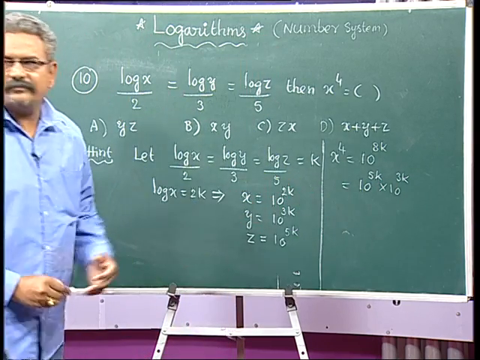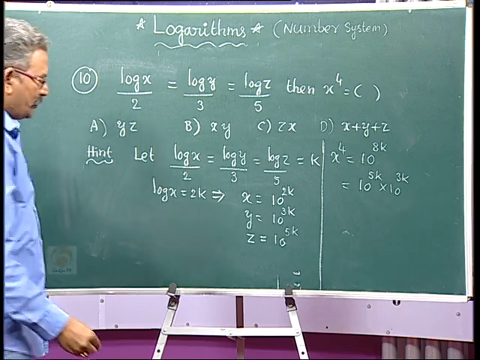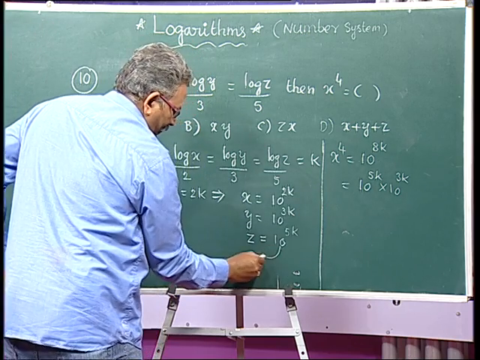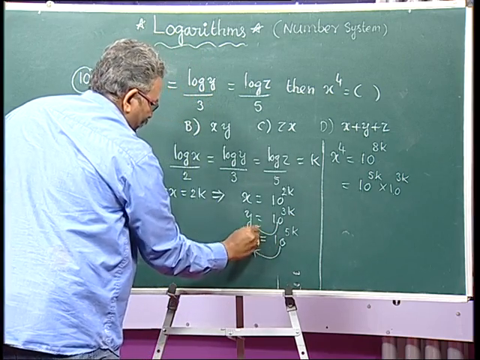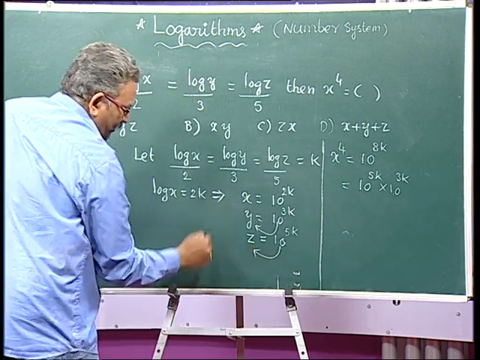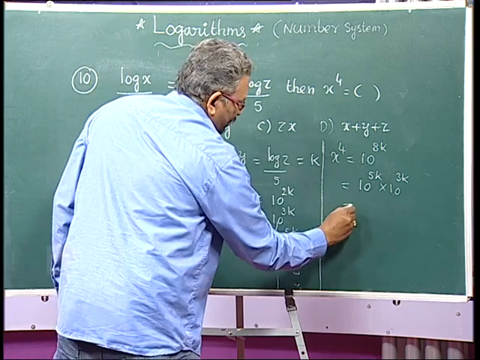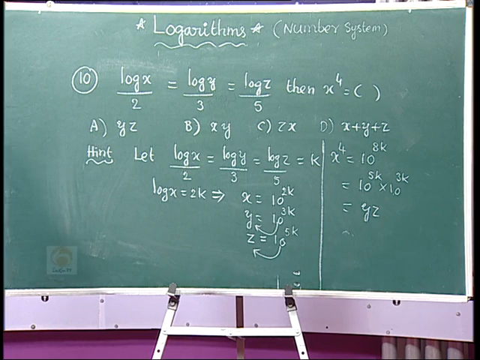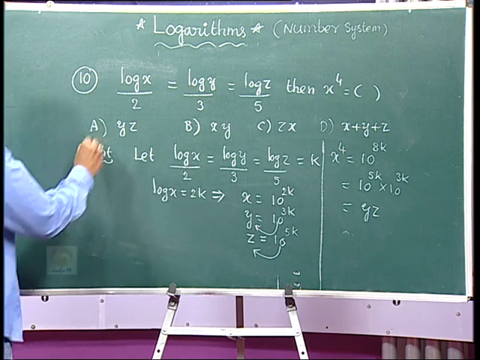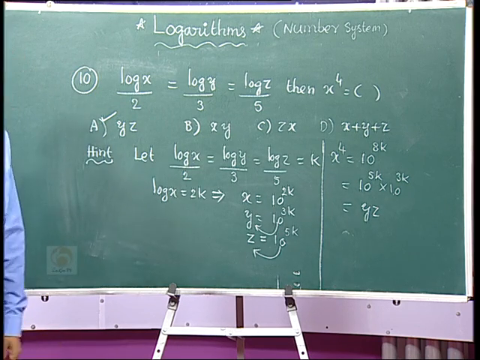Just check it. This is nothing but z, this is nothing but y. So, y into z, y z. Which is the right option here? Yes, A will be the right option.